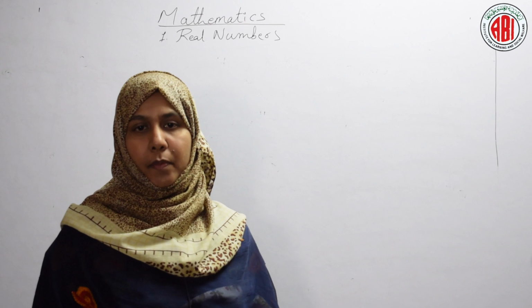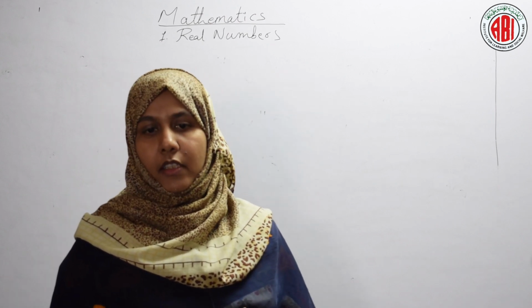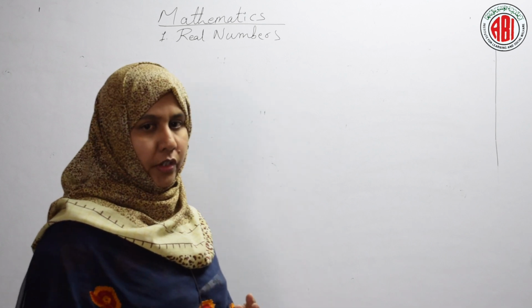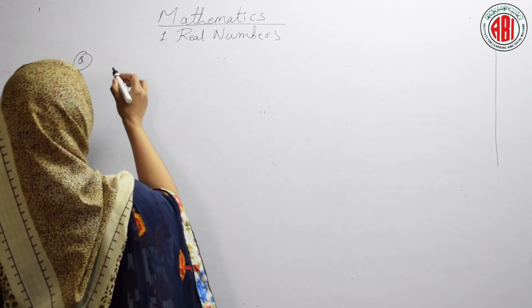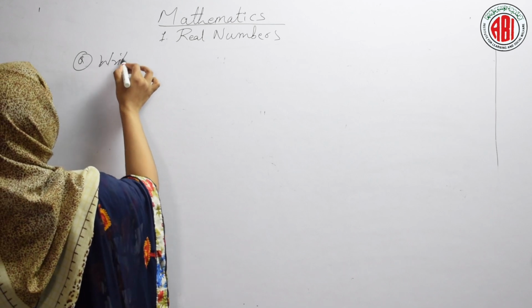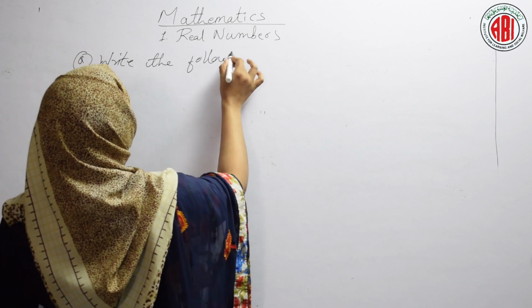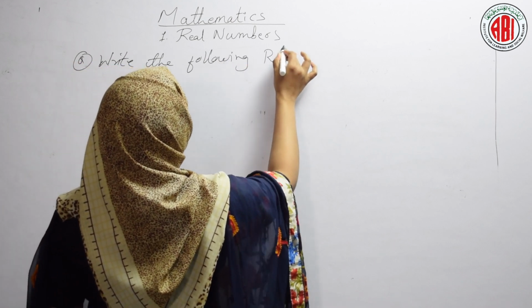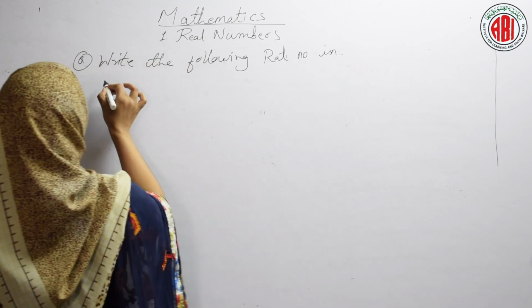Now, we have another problem, to find the decimal form of the given rational number. Let us have the question. Write the following rational numbers in decimal form.